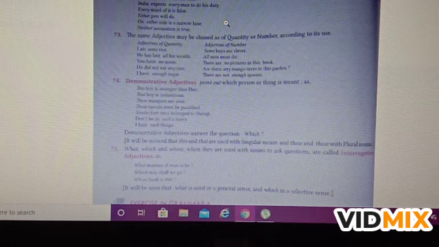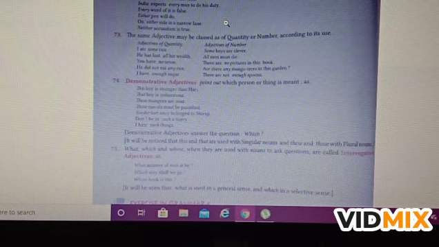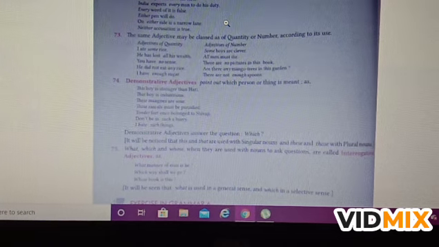The word interrogative itself means questioning. So words like what, which, whose and some more, when used at the beginning of the sentence with a question mark at the end, are interrogative adjectives.